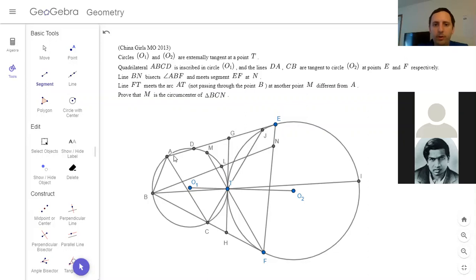What's the best way to show that the excenter of ABC lies on EF? I mean, that's basically all we want to do, right? If we can show that, we solve the problem. I think that's a nicer way of phrasing it.